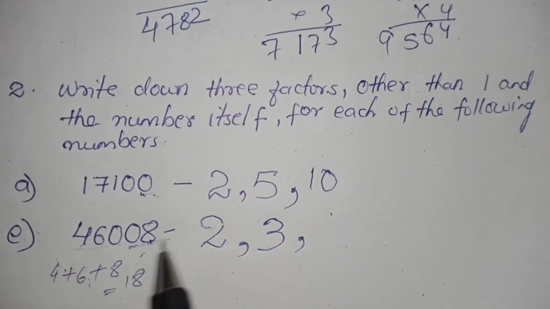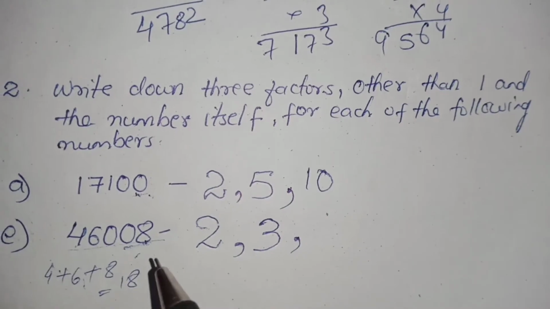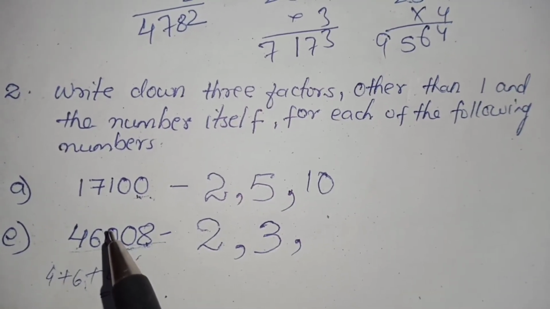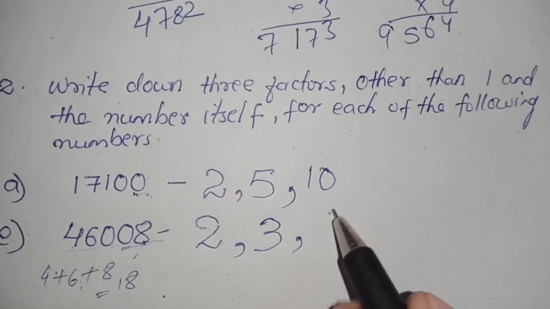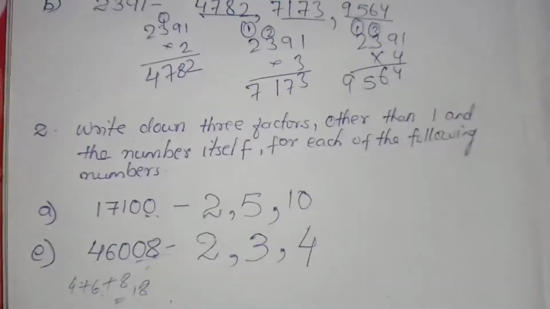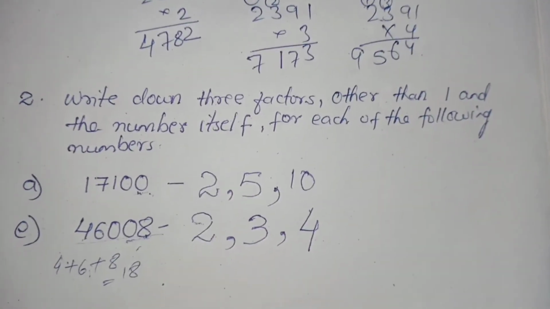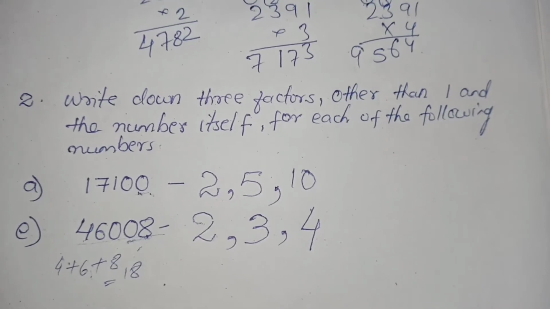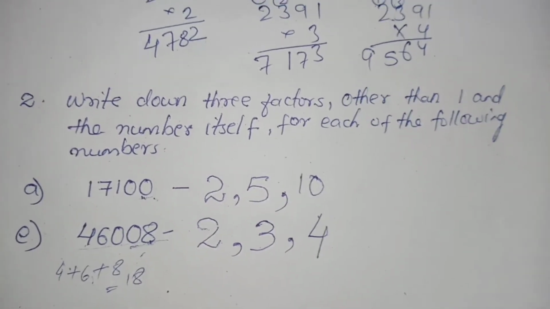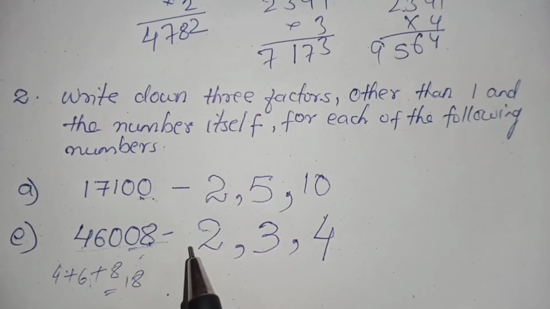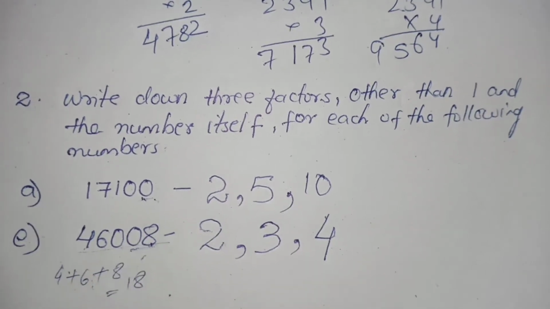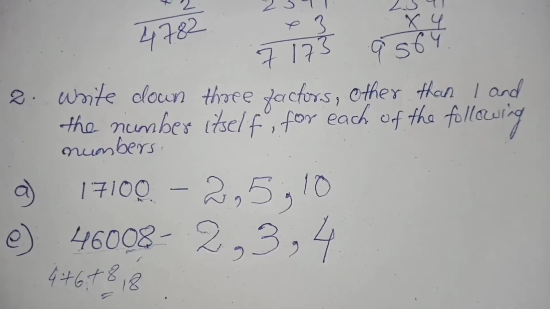That means this number is divisible by 4, and this number comes in the table of 4, and 4 is a factor of this number. So I hope you have understood. Factors means you have to write those table numbers in which this number comes. Now let us see the next question.